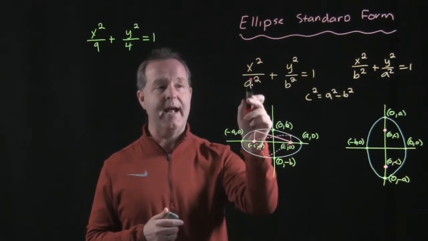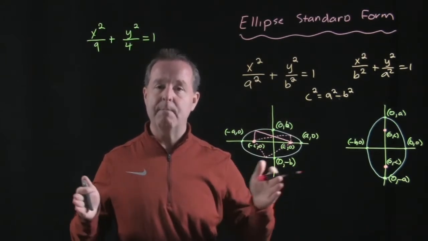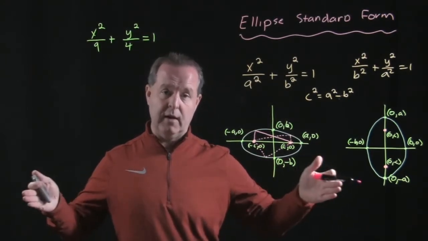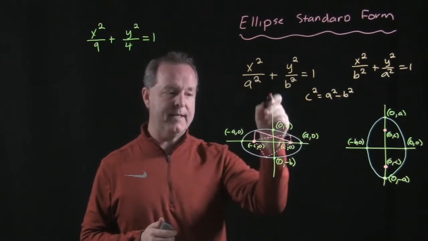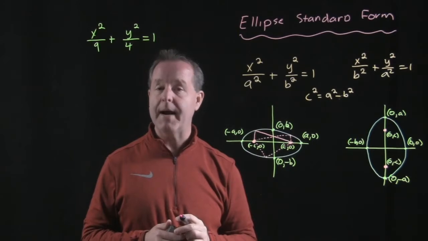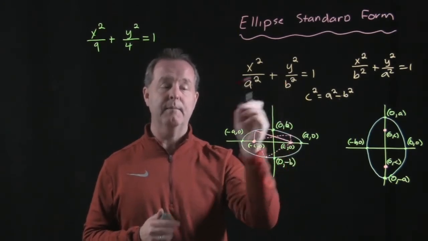So we have those types of characteristics as we explore ellipses. What we know then is that in a horizontal ellipse, the a represents the points on the major axis, because it's where the bulk of the ellipse is. The up and down axis in this case is called the minor axis. The values of the endpoints are related to our a's and our b's.